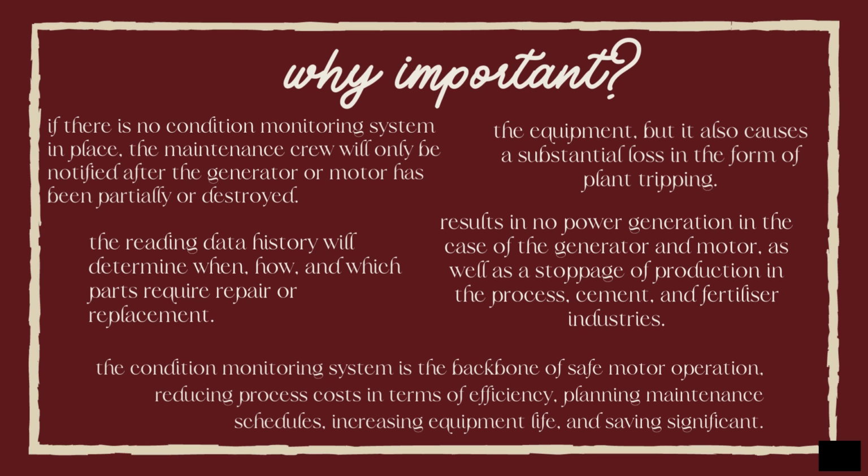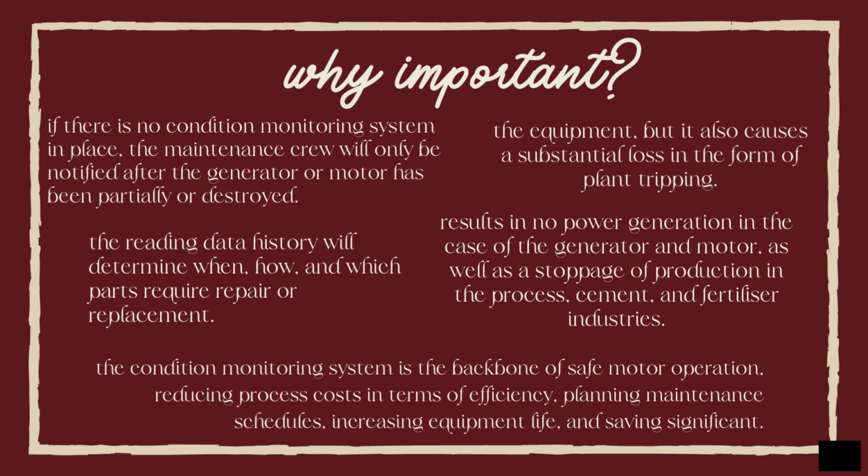First of all, if there is no condition monitoring system in place, the maintenance crew will only be notified after the generator or a motor has been partially or fully destroyed. For example, if a generator is destroyed, we only know once the motor is destroyed.